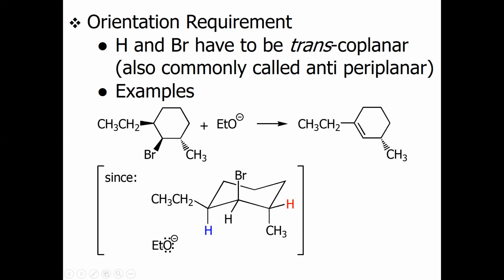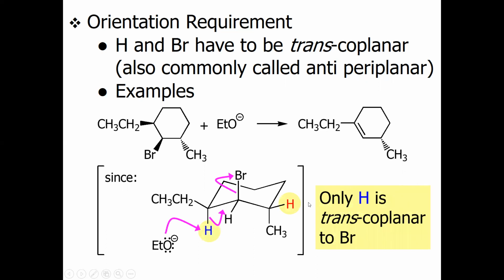Once the base removes this proton, of course this bond will shift here, which results in the removal of the bromine. Now this red hydrogen is syncoplanar, and the E2 reaction does not favor the removal of HBr by syncoplanar positions. So this generally will not proceed, while the removal of the hydrogen that is transcoplanar proceeds.